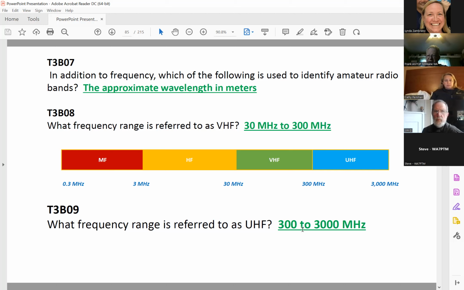Guess what that is? That's 3000 megahertz to 30,000 megahertz, or 30 gigahertz. It goes up. Actually, if you go down to 0.3 megahertz to 3 megahertz, that's medium frequency. Below that, you get low frequency and then very low frequency. It's all done in decades.